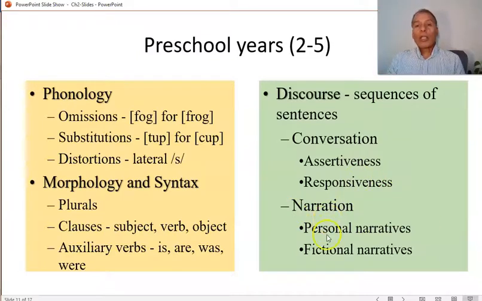Narration, at that time they're able to tell what happened to them, the events of the day. They can speak about themselves, tell stories, and they are able to produce fictional stories at that time. Of course, these skills will be even more developed if you read to the child, if the child is being enriched and read to every day.